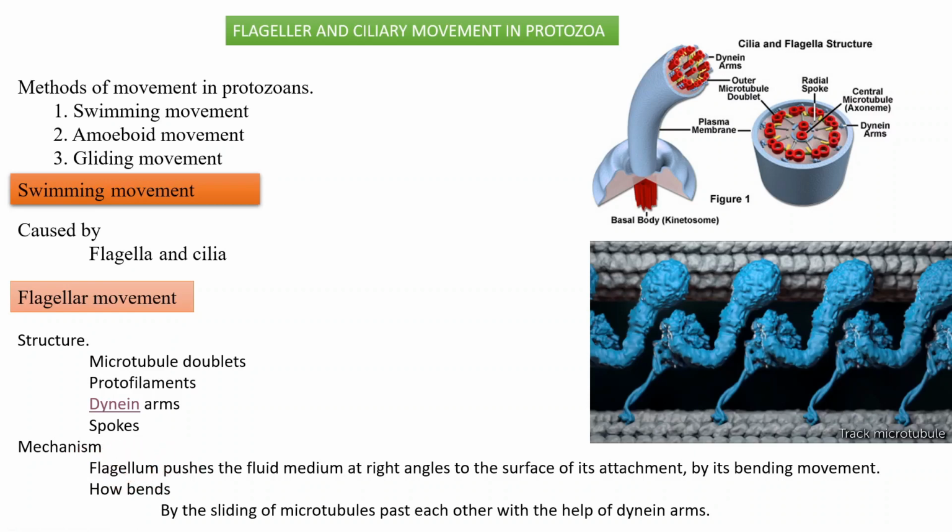For showing that, I will draw two microtubule duplexes: the first duplex and the second duplex. We know that in a circular fashion, these microtubule duplexes are arranged in the flagella.